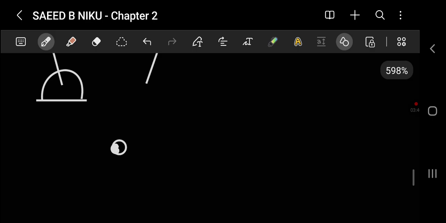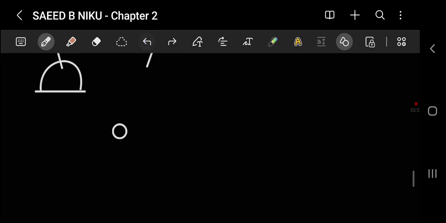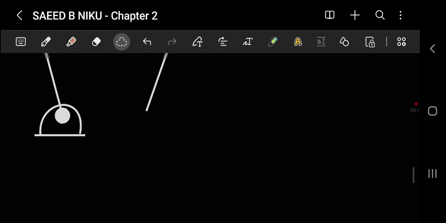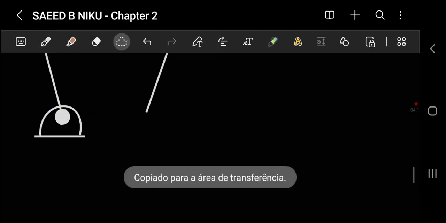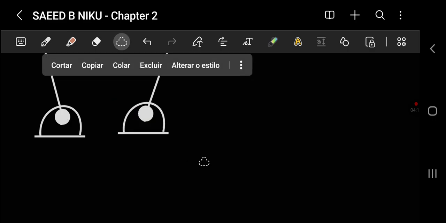Let me draw this quickly. We have also a second illustration of a robot with an open loop. Okay, let me copy this and paste right here.